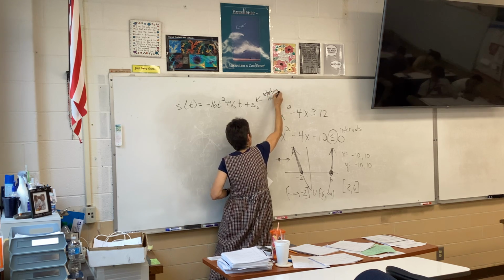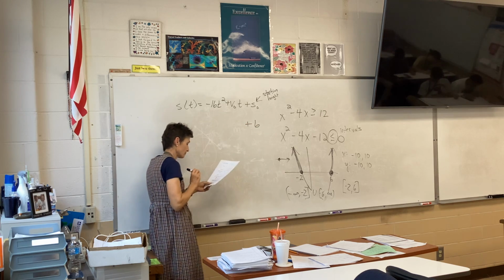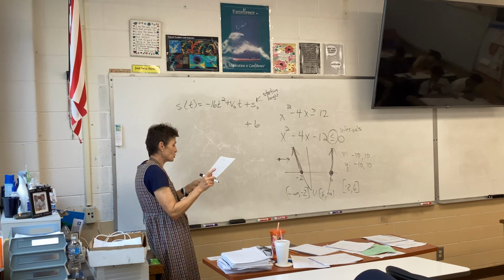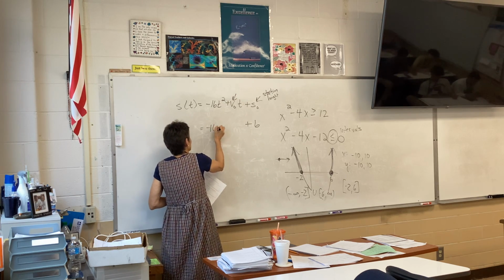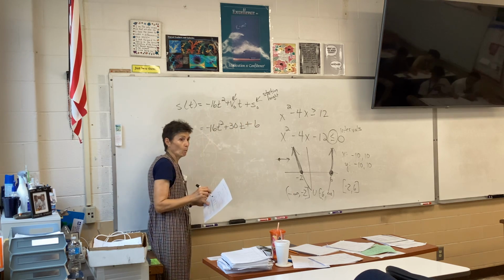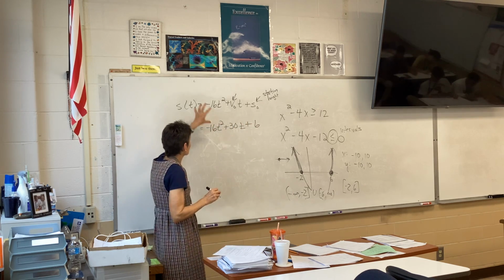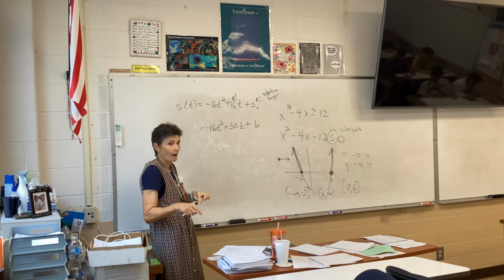We call it the initial height, it's the starting height, so it has to be plus 6. With an initial velocity of 30 feet per second. So that's step 1. I'm going to give you this general formula, but you have to customize it to your problem.